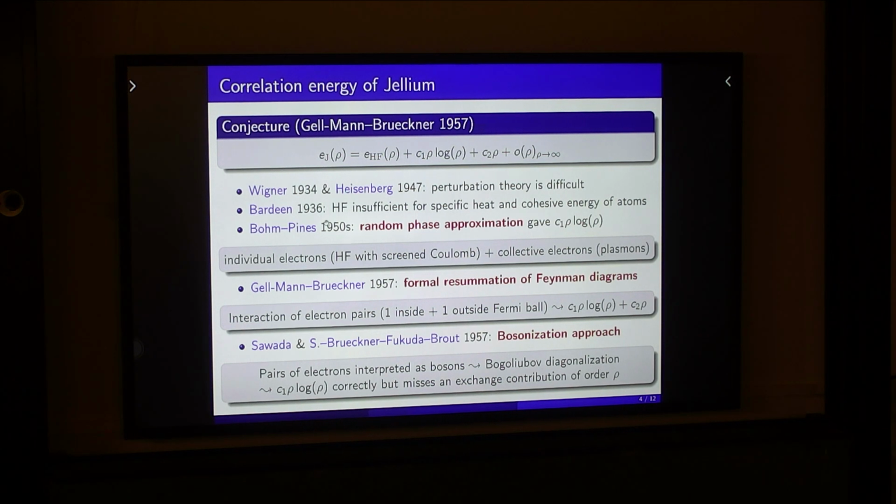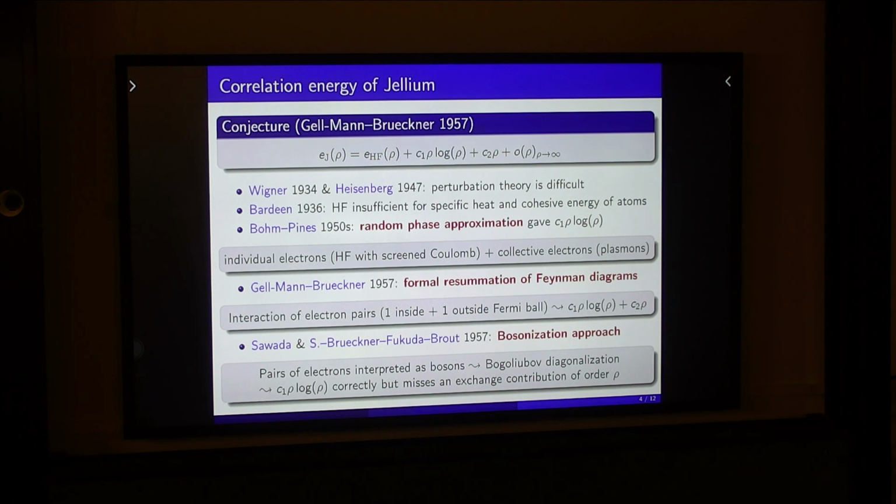The last one was by Pines alone, and they had some approximation which they called the random phase approximation. So now, what I will tell you, there will be no random phases, because later one really saw how you can describe that without using random phases.